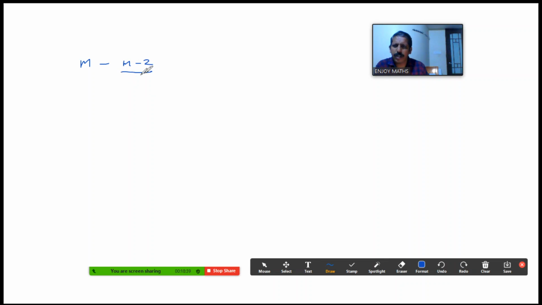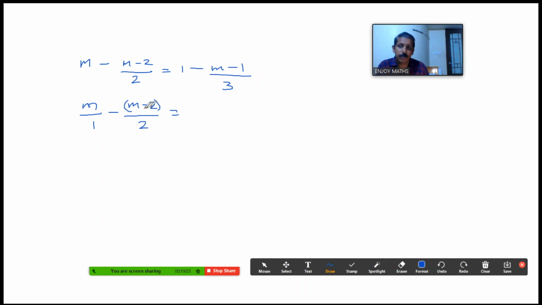So this is what I'm going to say: 1 minus, m minus 1 by 3. So how to do this one? First, 1 is there below, then this is together, so I just put a bracket, then take 2.